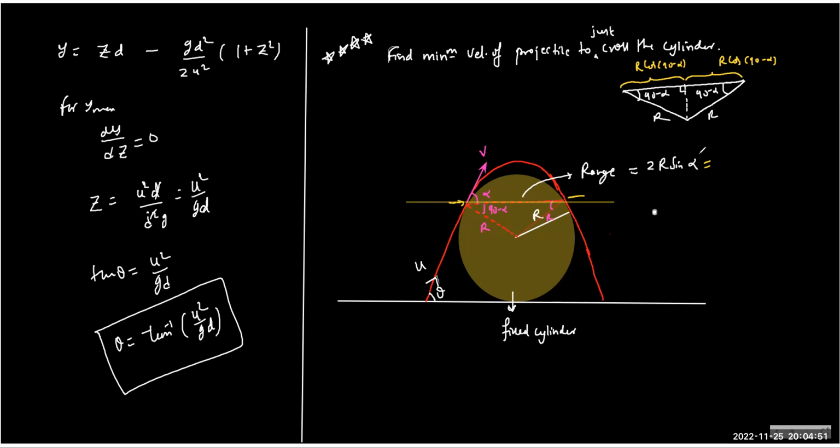Correct. Very good. So both are the same thing, no? So how much is V square now? Two g r sin alpha by sin 2 alpha, which is g r by cos alpha.